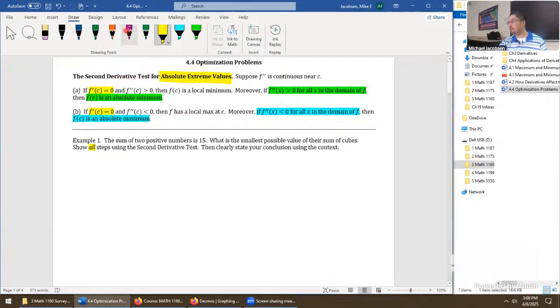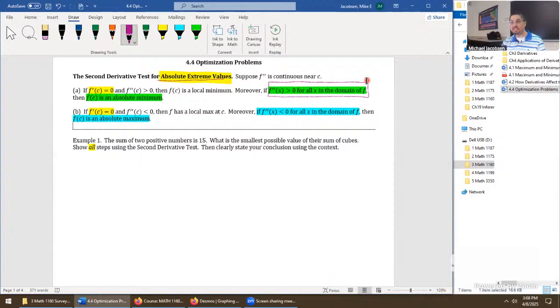It's this part. We're actually targeting absolute extreme values if we insist the second derivative is positive for all x in the domain of f. In other words, we'll be able to use the second derivative test to find an absolute minimum if we know that the curve is always concave up for every value in its domain.